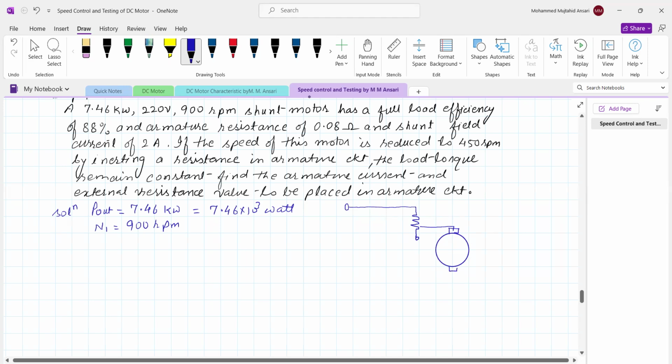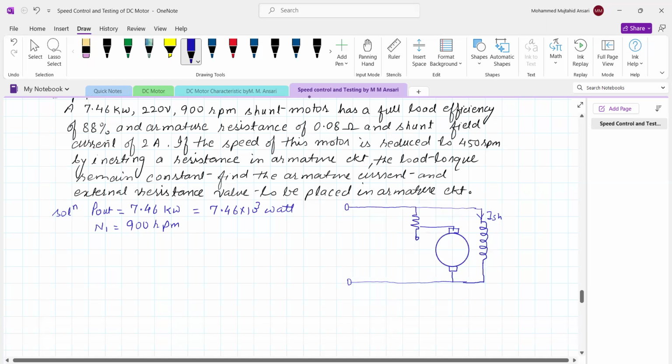So this is the armature circuit and an external resistance is connected in series with it, whereas the field winding remains as it is, meaning there is no change in the field current. So the flux in the motor is constant.